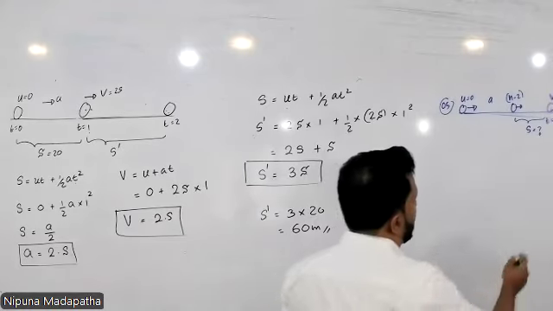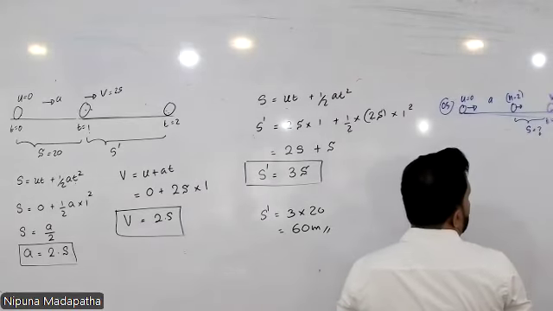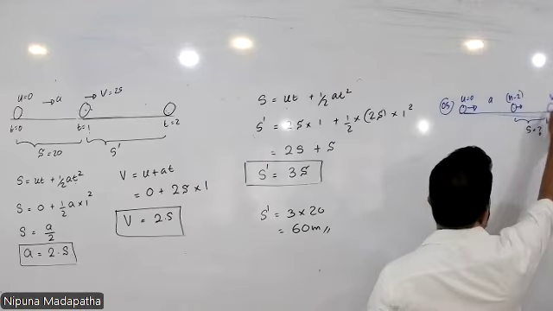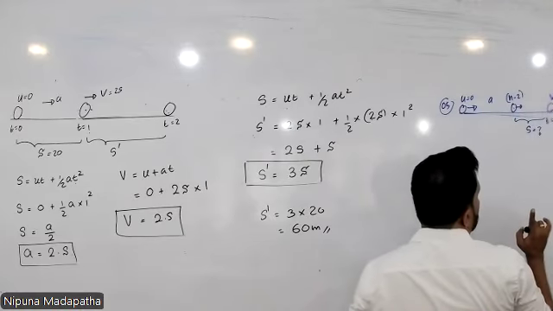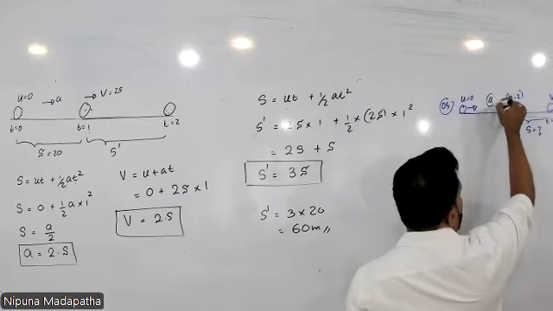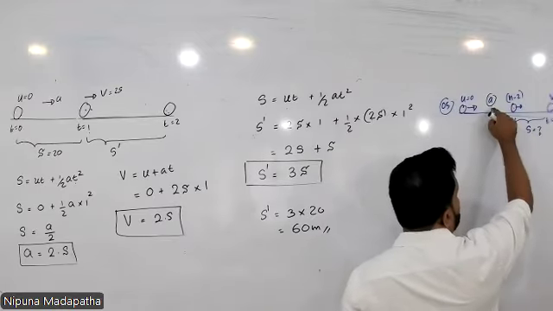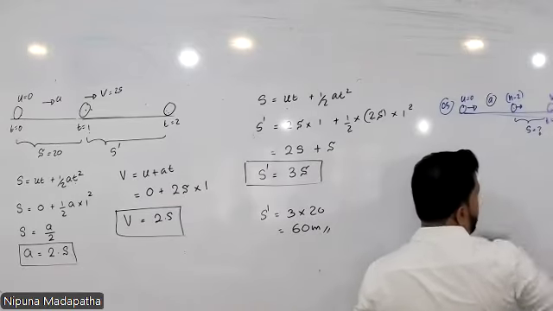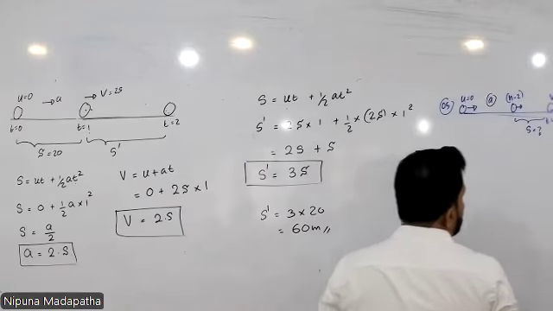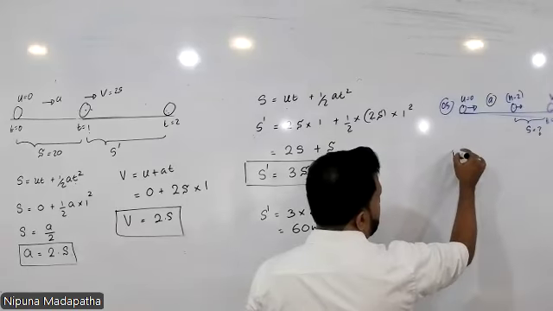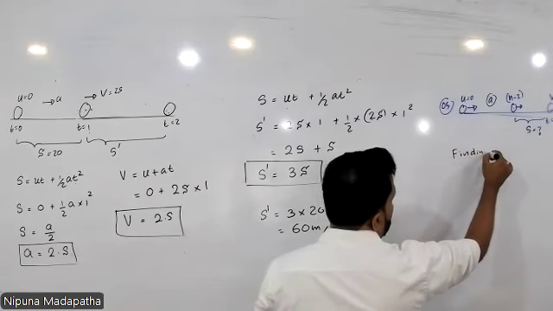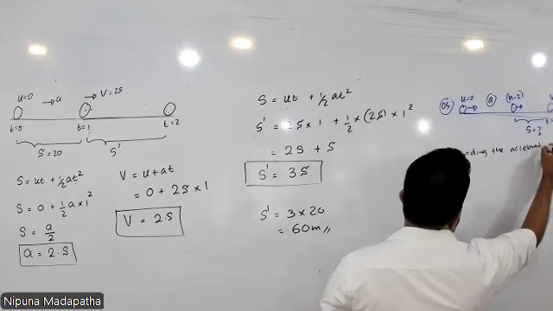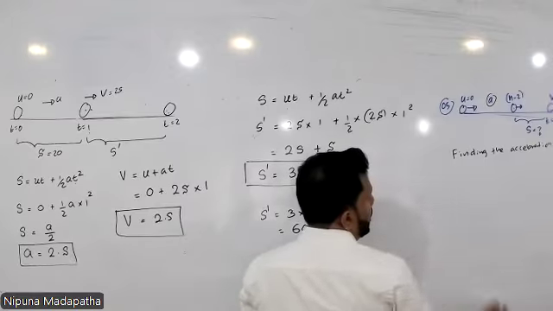In order to find the displacement here, we know the time interval from this point to here is 2 seconds. First of all, we need to find the acceleration. Since the acceleration is uniform throughout the motion, let's find it.